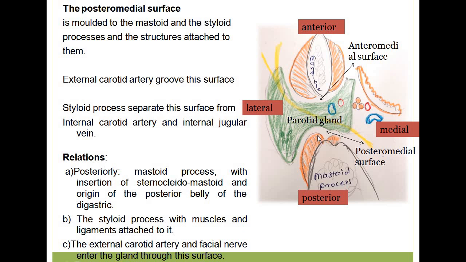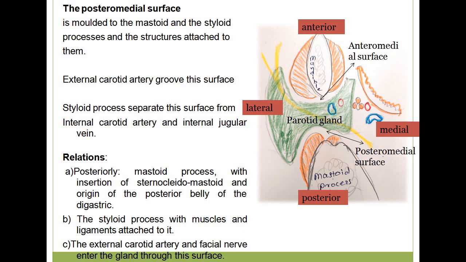Now the relations of this surface: posteriorly you can see the mastoid process along with the two muscles attached over here, that is the sternocleidomastoid insertion and the posterior belly of digastric muscle origin. So these are on the posterior aspect.